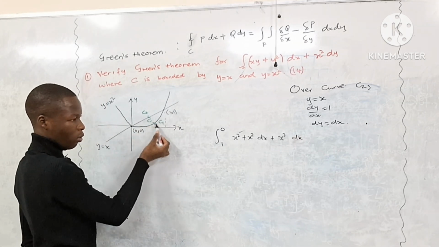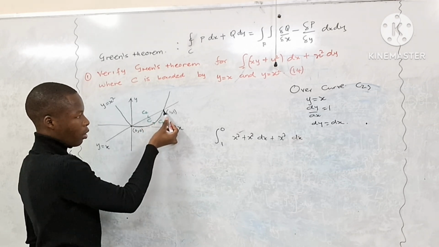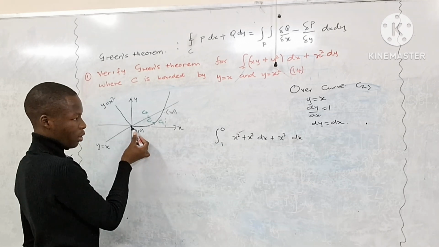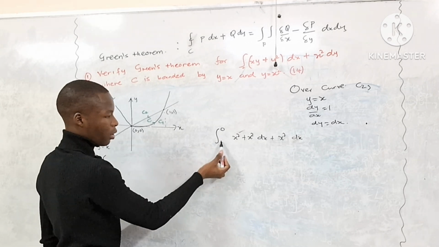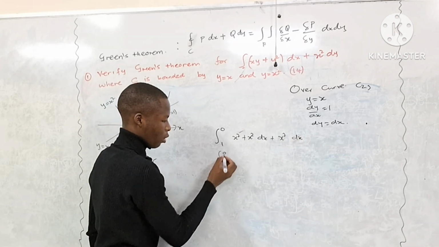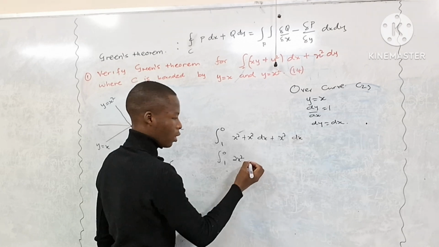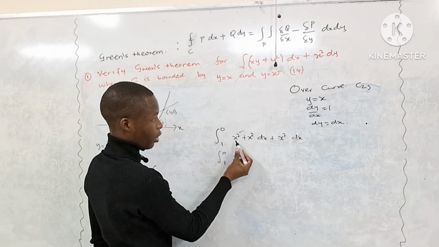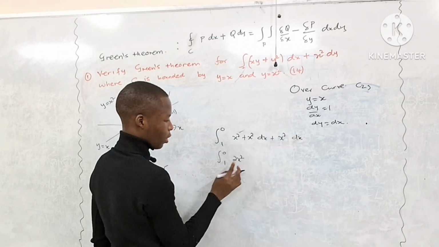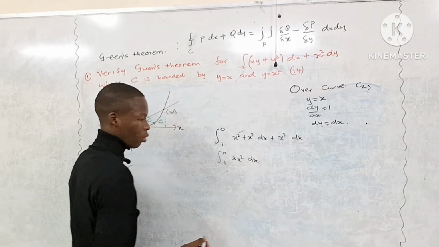Check the arrows. This is the importance of these arrows. They are telling you the direction. So we are moving from x is equal to 1 up to x is equal to 0. So 0 is the upper limit, 1 is the lower limit. So this is the integral of x squared plus x squared plus x squared, which becomes 3x squared with respect to x.